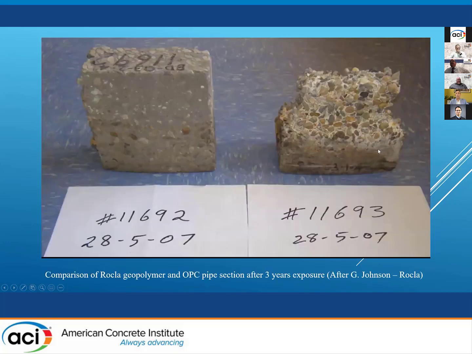And indeed, there was a sewer line that they had where they had put in pipes with both their standardized Portland cement-based concrete and the geopolymer concrete, and it performed extremely well in that circumstance.